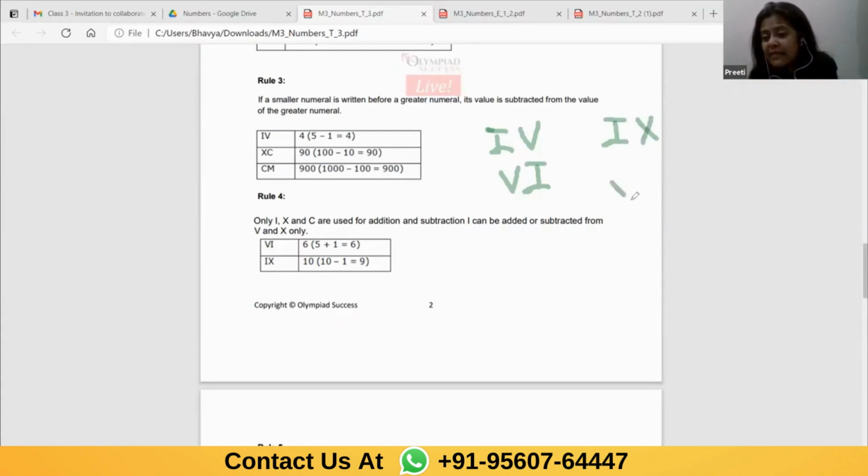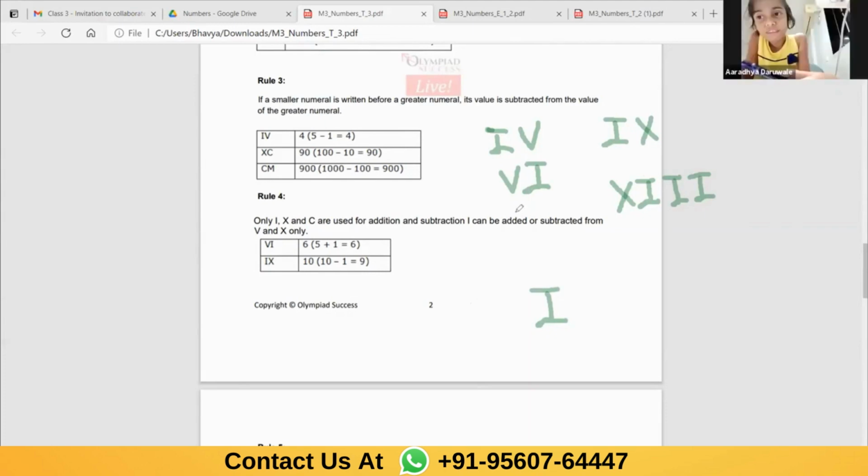In order to make 11, we use I with X. Or in order to make 12, we do like this. Or in order to make 13, we do like this. But we cannot use this I straight away with C or M or L or D. That is not allowed. We can use I only and only with V and X. XIV.